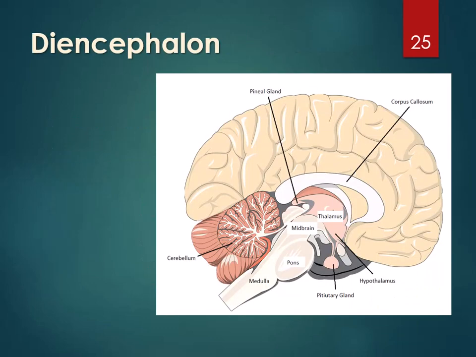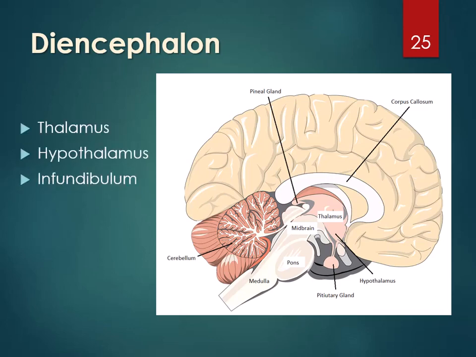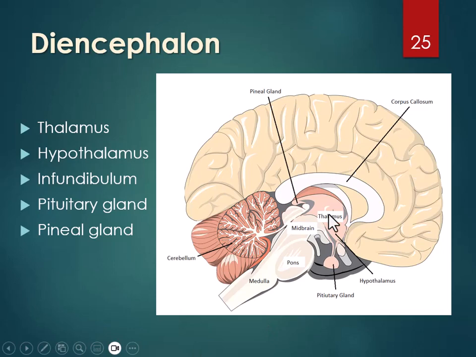The middle part of your brain is called the diencephalon. It includes the thalamus, the hypothalamus, the infundibulum, the pituitary gland, and the pineal gland. So if you look at this picture where it says thalamus, the thalamus is kind of right in the center of your brain, and it is the relay center for sensory information.